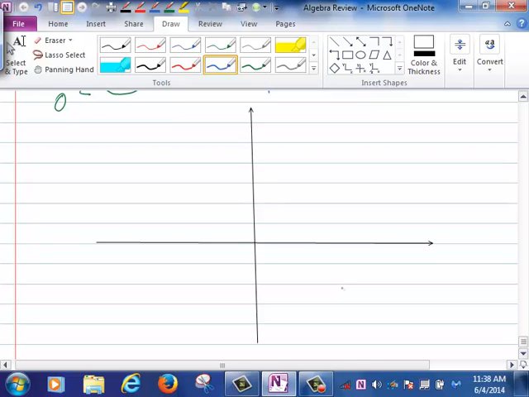What's the graph of x squared? The graph of x squared will be a parabola which is like this, right? And what's the graph of negative x squared? The graph of negative x squared will be like this, right?